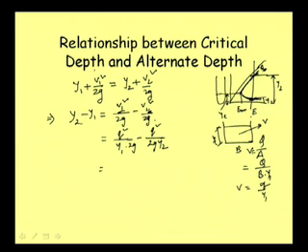Taking this advantage, we can write q square by twice g, and then it is 1 by y1 square minus 1 by y2 square. I made a mistake earlier, because v is equal to q by y1, so v square is q square by y1 square, and similarly for y2.